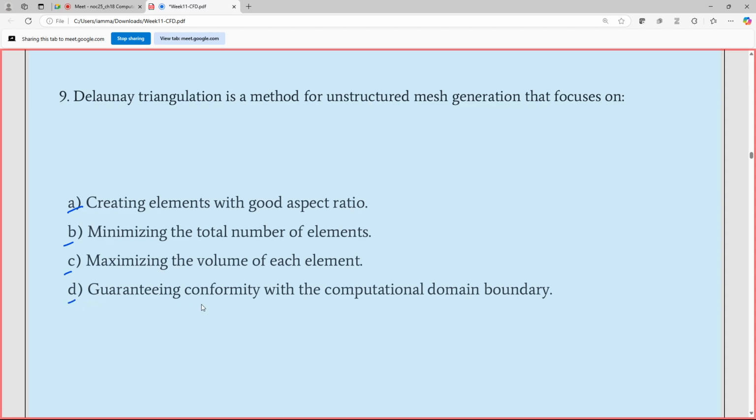Option D, guaranteeing conformity with the computational domain boundary. So which among the options below best represents the Delaunay triangulation method?